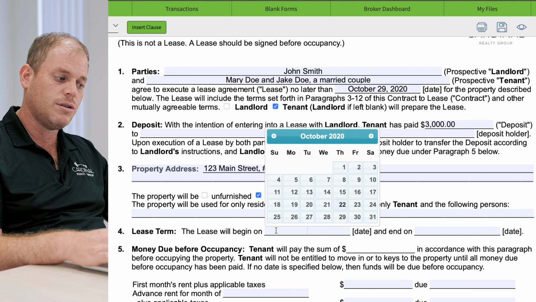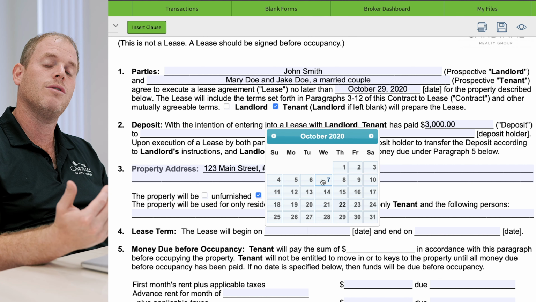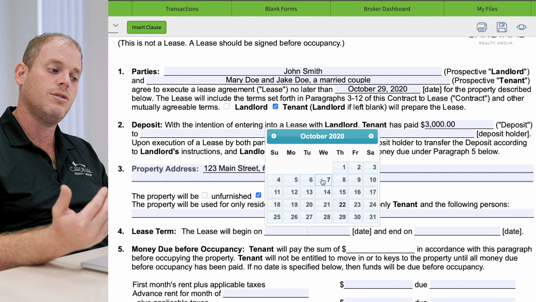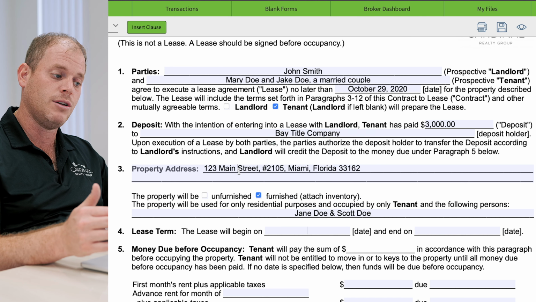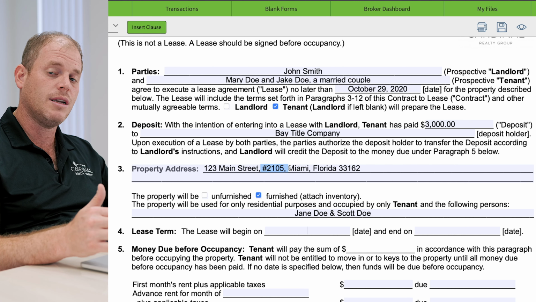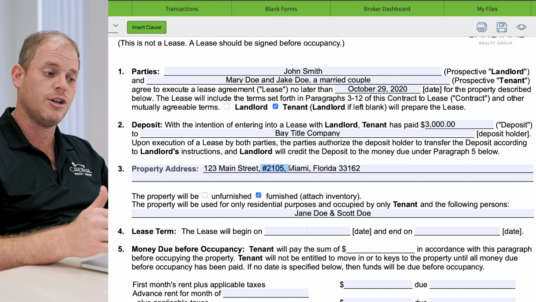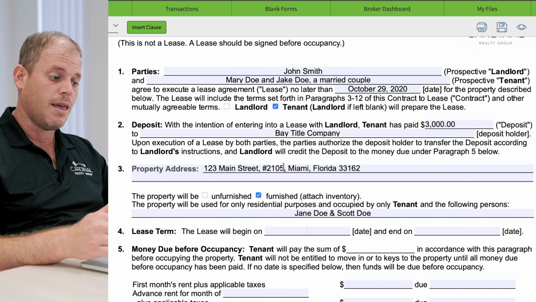Okay, lease term. Well, the lease term is actually going to be, since today is October 22nd, hopefully you're giving yourself enough time, since we already know that our property 123 Main Street, number 2105, happens to be in a condo, okay, you're going to need to give yourself some time for condo association approval, which usually could take about a few weeks, maybe even a month in some places, okay?